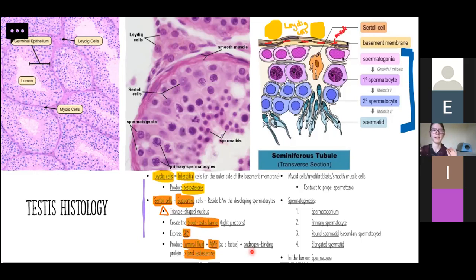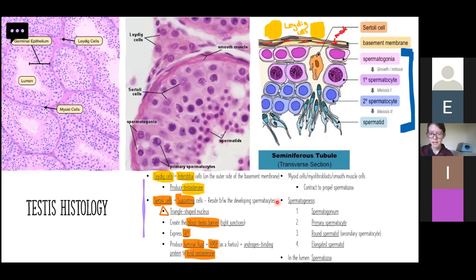So while the Leydig cells produce the testosterone, the Sertoli cells then bind to it and grab it and use it to help the spermatocytes grow. It's supposed to have a triangle-shaped nucleus. So maybe this one here is a bit easy to see. It looks a bit like a triangle, I suppose, when you have to look at it on a slide.